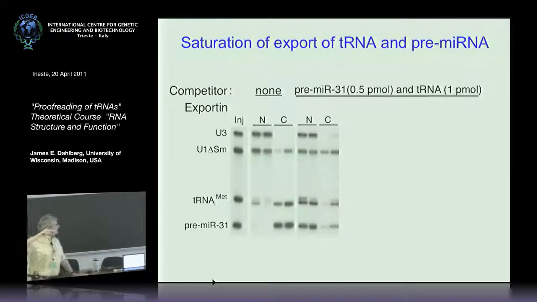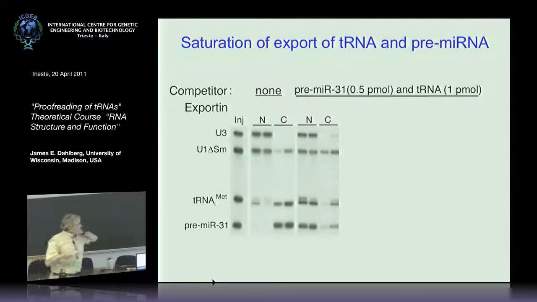Here we've put in the competitor of the cold pre-miR and a lot of the cold transfer RNA, and you can see it has no effect on the U1 export. In fact, it seems to be a little bit faster. But these two molecules are primarily now in the nucleus rather than in the cytoplasm. So we're competing for the carrier that would bring them out.